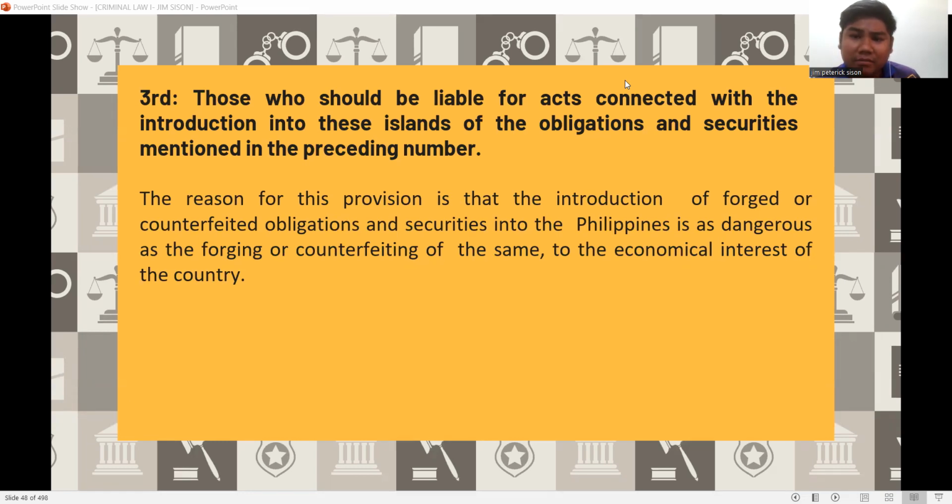It will be detrimental to the economic interest of our country. Therefore, we will still have jurisdiction over those persons who will introduce into these islands the obligations and securities mentioned in the preceding number.